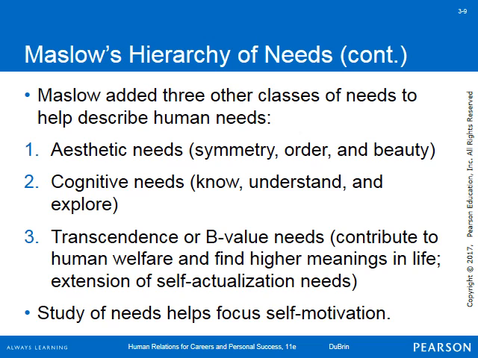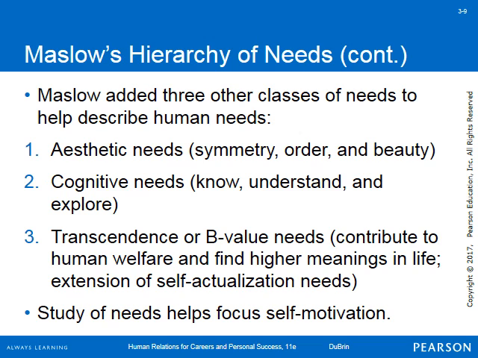Cognitive needs relate to needs to know, understand, explore, and this particular need fits above the esteem need, but just below the aesthetic need. So basically you're going to have the esteem need, you're going to have the cognitive need, then the aesthetic need, and then the self-actualization need, if you were following the pyramid.